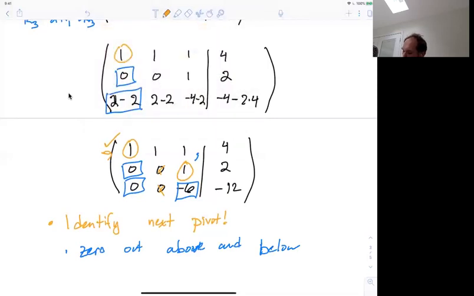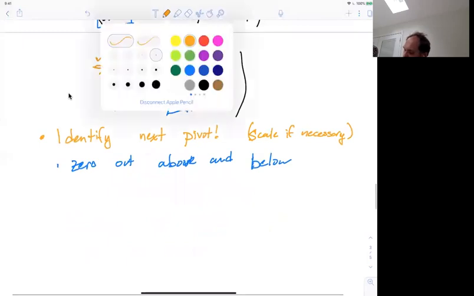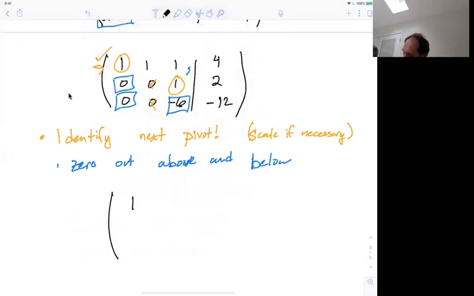And we're kind of lucky here that these ended up being 1, but you should also scale them if necessary. All right, so now we need to zero out that minus 6. So we're going to take row 3 and we're going to add 6 times row 2, and put that into row 3.